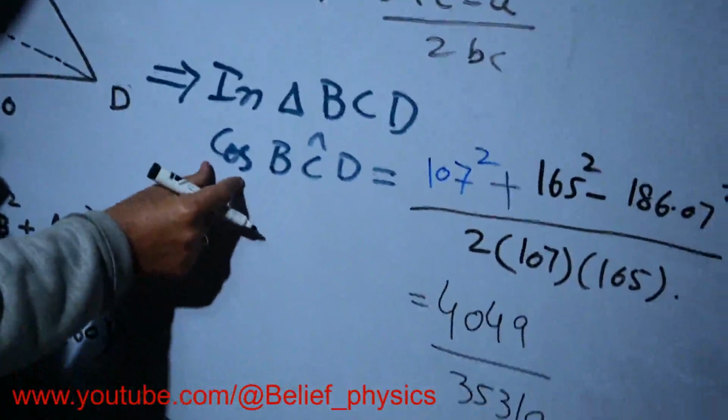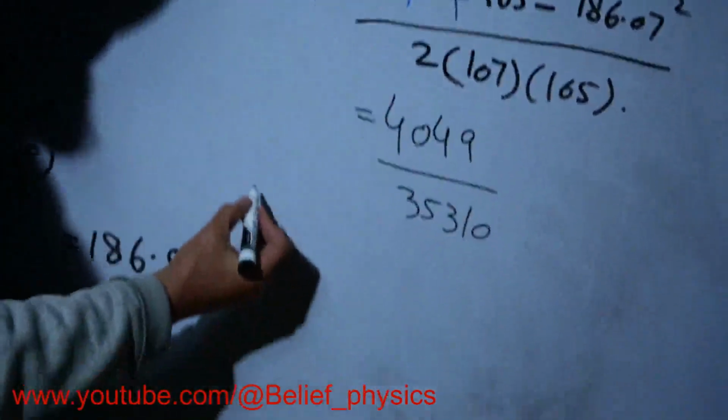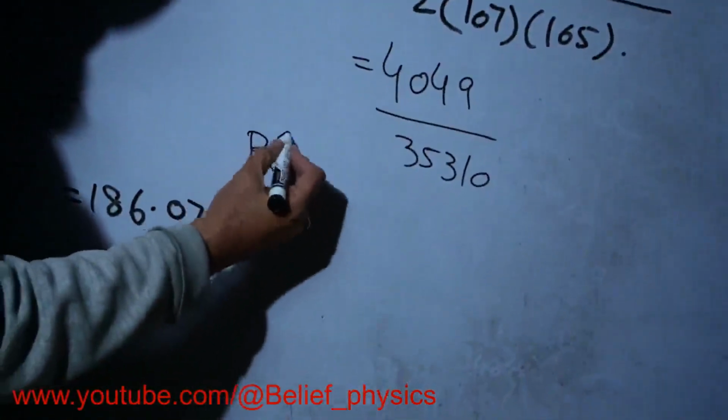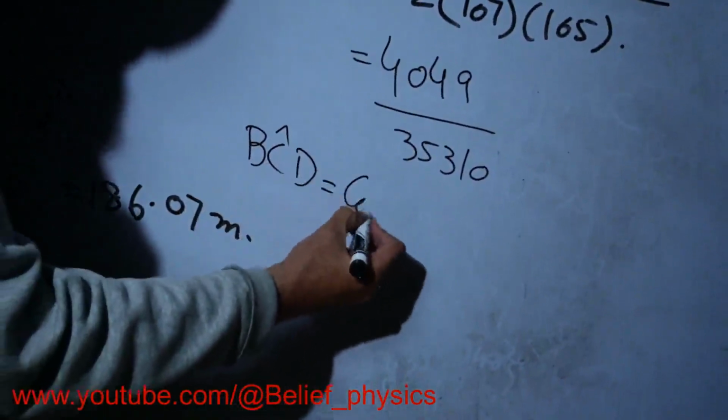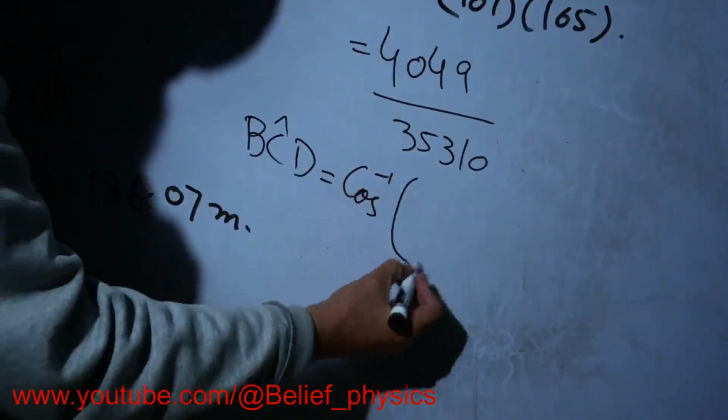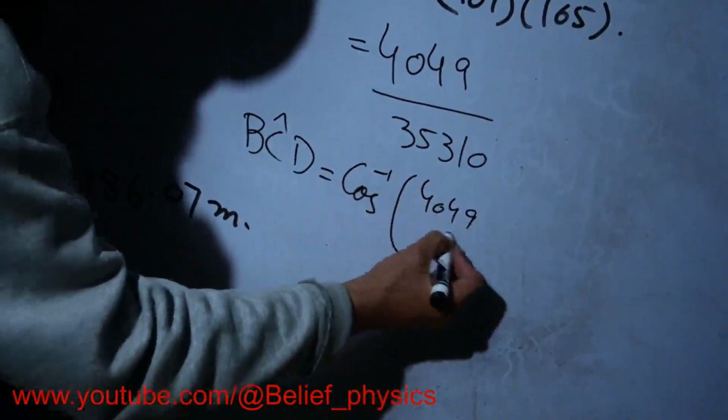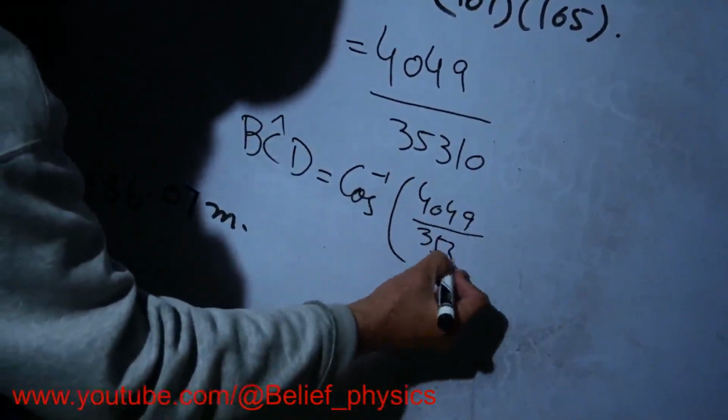So when we take cos to this side, it becomes cos inverse. So BCD will be equal to cos inverse of 4049 over 35310.